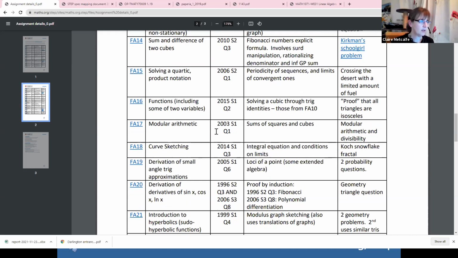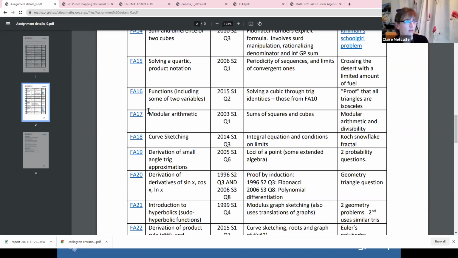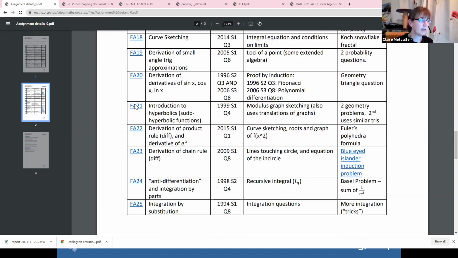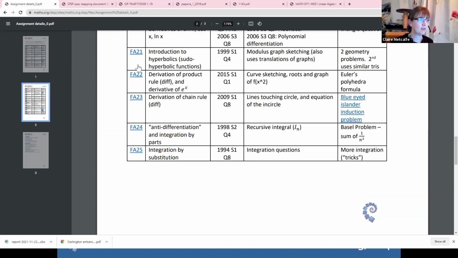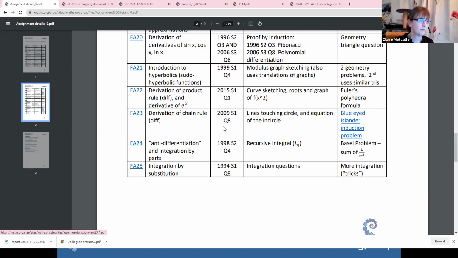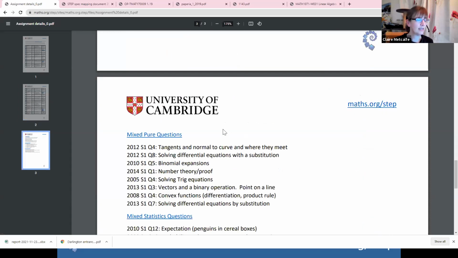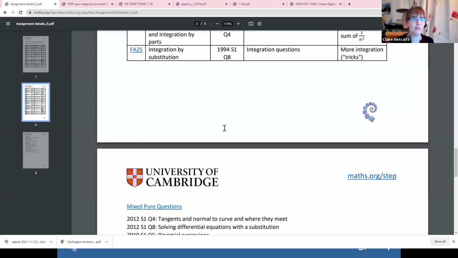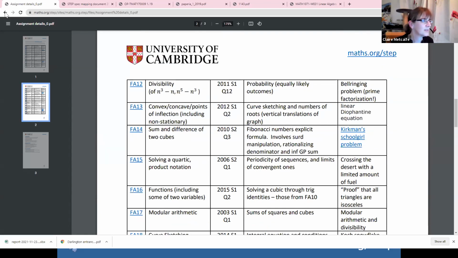Quite a long way down, we do introduce things like small angle trig approximations, deriving the product rule and the chain rule. So you might want to have a look at some of those as well. There are links to all of the foundation assignments, so you can go straight to them from this document. And if there is anything that anyone would like to suggest in order to improve this, do please let me know and I'll get that in.